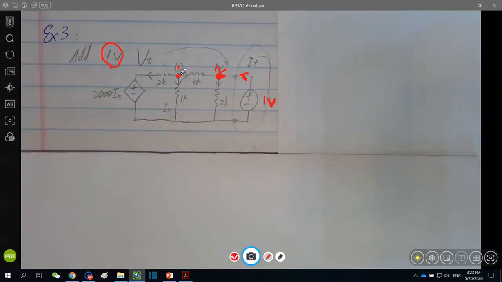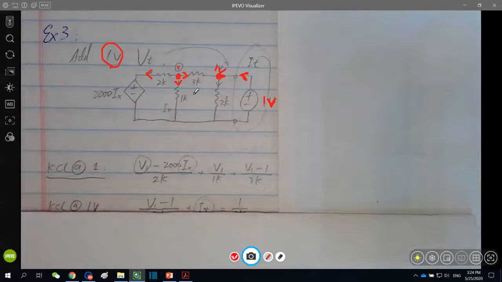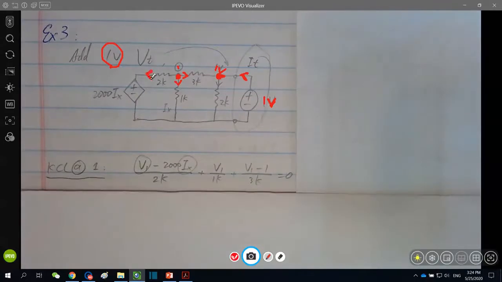By realizing this, I can save a lot of time. So at node 1 here, KCL includes 3 currents with these assumed current directions. Here is the corresponding KCL. So first, this current towards left through 2 kilo equals V1 minus the voltage at this node, and then divided by 2K, Ohm's law. However, what is the voltage at this node?